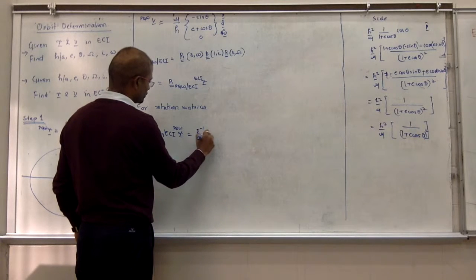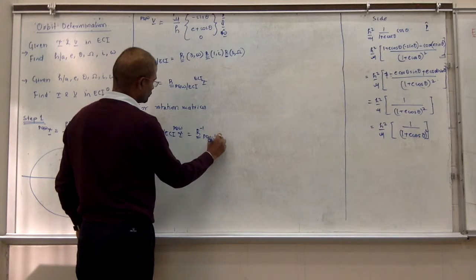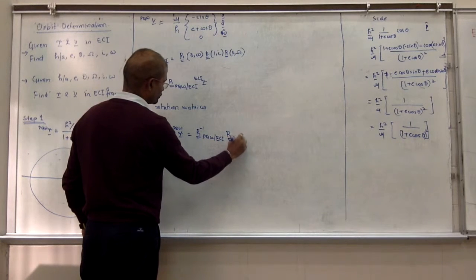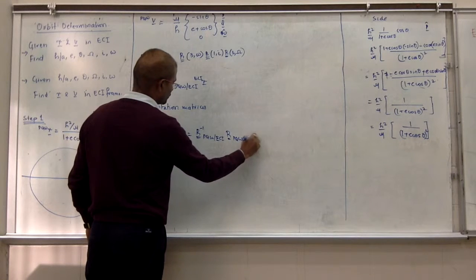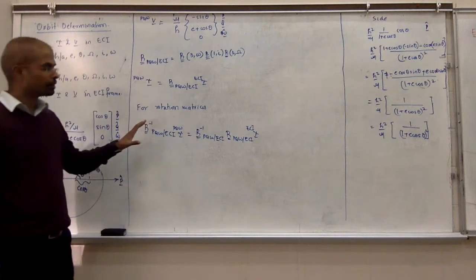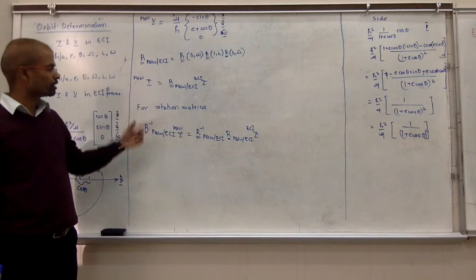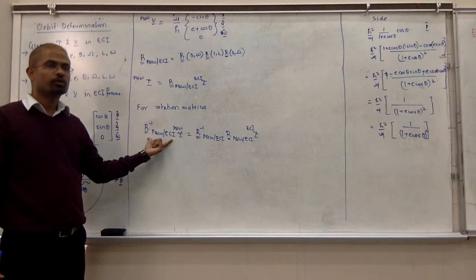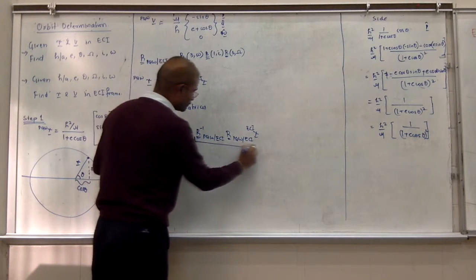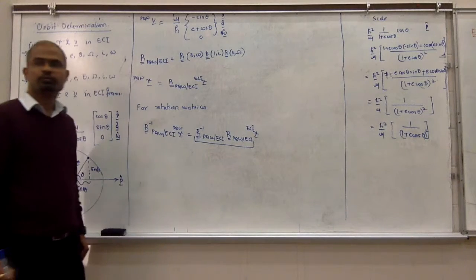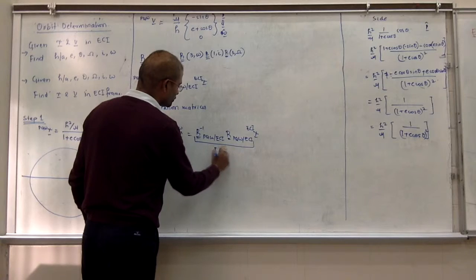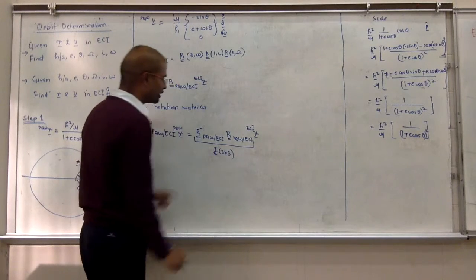R inverse PQW ECI, R PQW ECI equals R ECI. So what I have done here is pre-multiplied both sides by the inverse of the matrix. What is this product? Identity matrix. This is a 3 by 3 identity matrix.